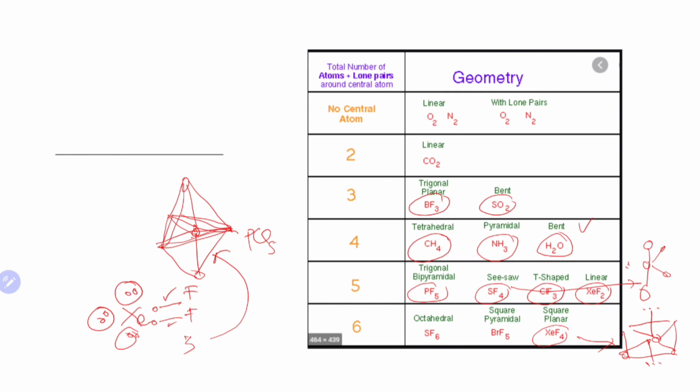The lone pair will take the bigger space here in this position in the triangle. So 3 lone pairs will take this position. So with 2 F atoms in this position, this one. So you have this. So this one is linear, 180. This one.